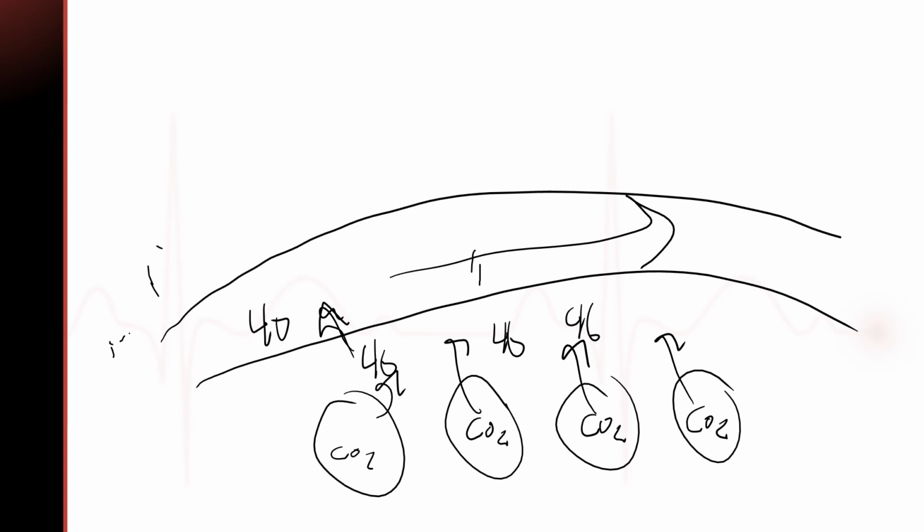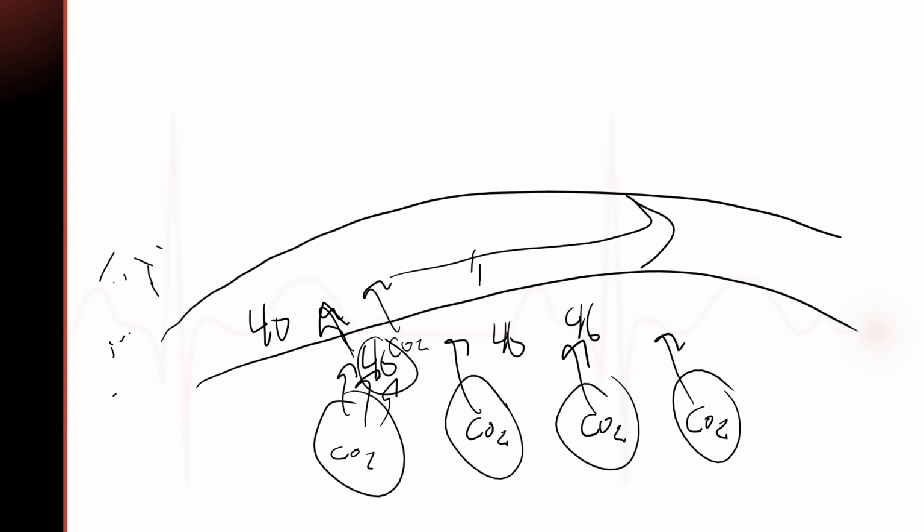Meaning, again, as soon as some of this CO2 goes from the interstitial fluid into the blood plasma within this systemic capillary, yes, some of the carbon dioxide would be lost. So you would think, okay, there would be a transient decrease in the amount of carbon dioxide within the interstitial fluid. Yeah, but not really, because as soon as that CO2 leaves, it just immediately gets replaced with more CO2 that's coming from the cells which are producing it.